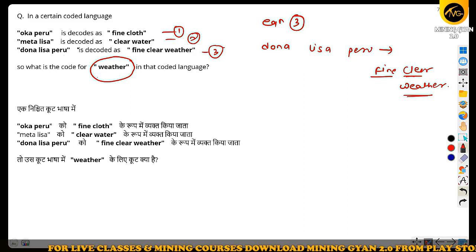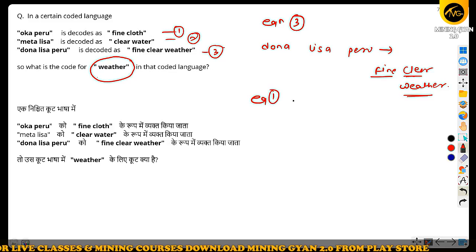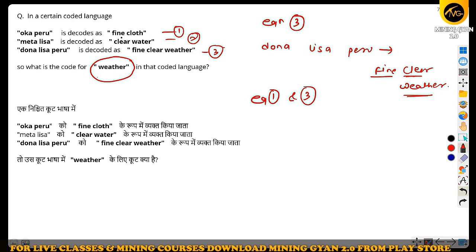Now by using equation number 1 and equation number 3, the word common in both the equations is fine, and the coded word in equation number 1 is Peru and in equation number 3 again Peru.